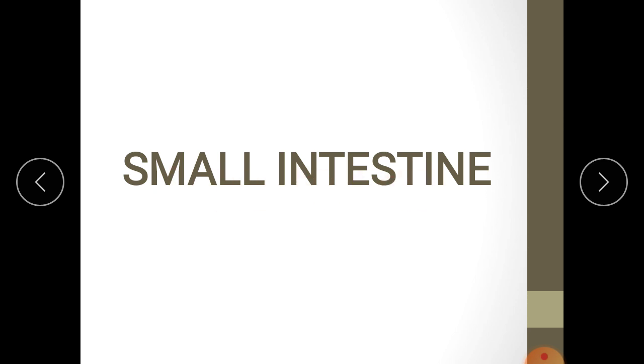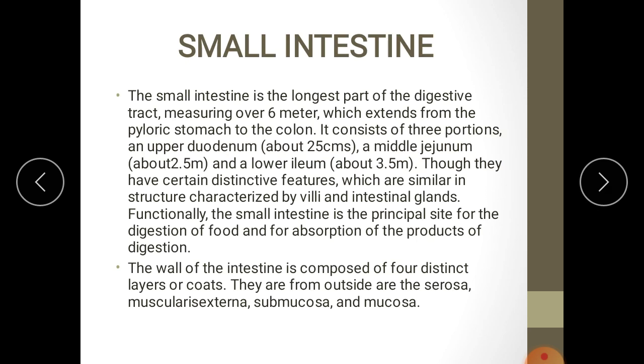Small intestine. The small intestine is the longest part of the digestive tract, measuring over 6 meter, which extends from the pyloric stomach to the colon. It consists of three portions: an upper duodenum about 25 centimeter in length, a middle jejunum about 2.5 meter, and a lower ileum about 3.5 meter.